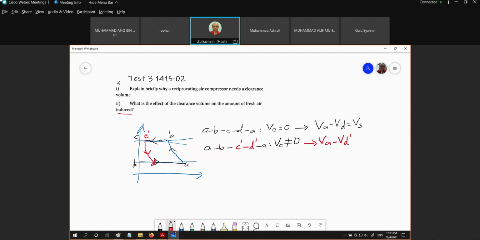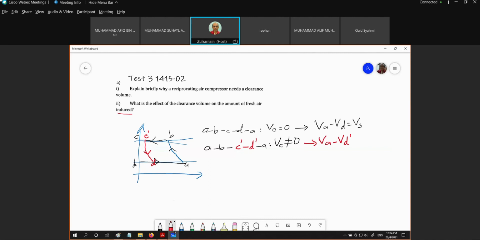Okay, so comparing, what do we have? I think it's clear enough, right? My explanation. What happened to the induced air? Decrease. Right?